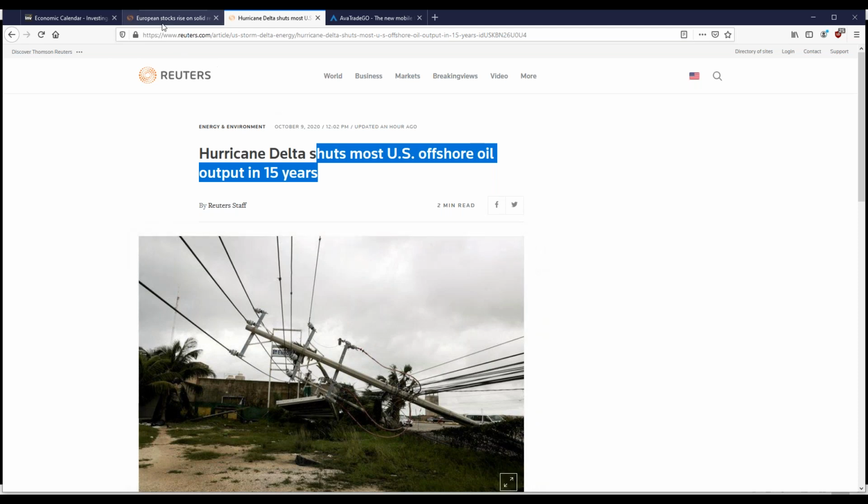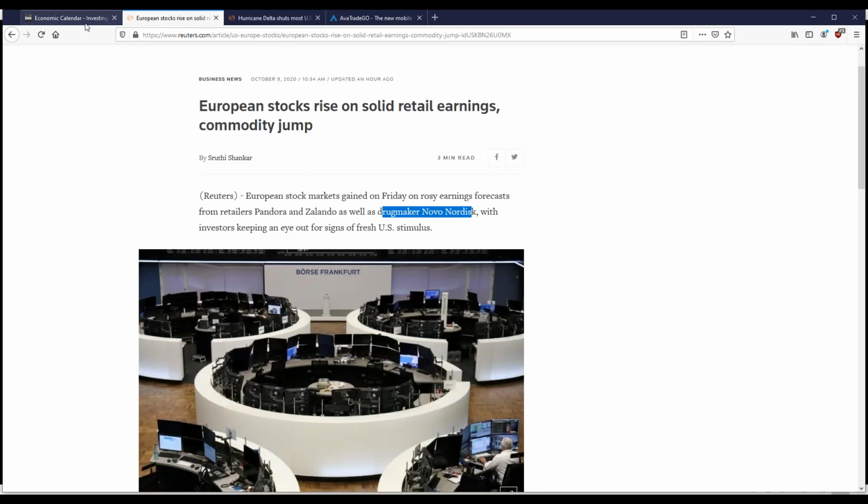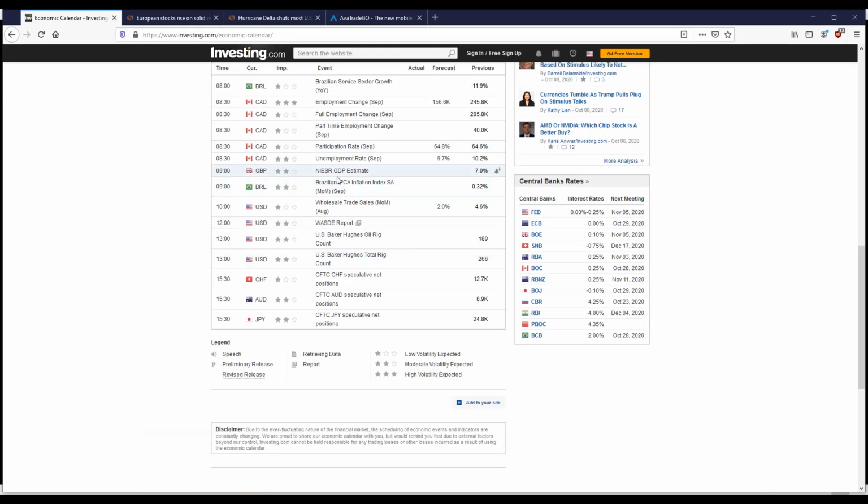And then throw on top of that that there are numbers coming in for the number of rigs that are online or offline, that could be an impetus to spur further movement on oil. For example, if the rig count is way down in these numbers here, and we already know there's problems because of the hurricane, that could spur some momentum if those two things happen in alignment, okay? So it's something to keep in mind.